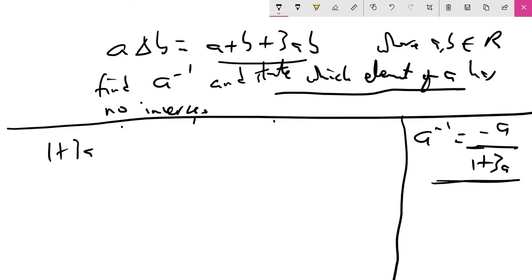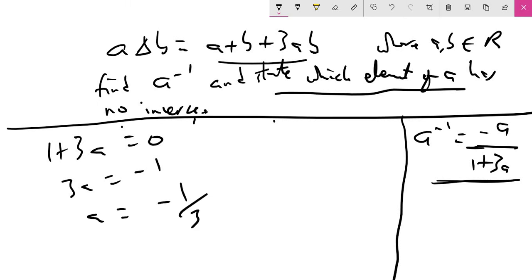1 plus 3A equals 0, and solve for A. 3A is equal to minus 1. A is equal to minus 1 over 3. So therefore, whenever A is equal to minus 1 over 3, this expression is undefined. Let's test that.